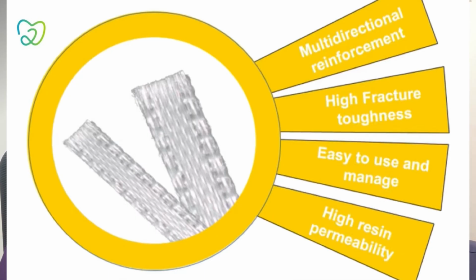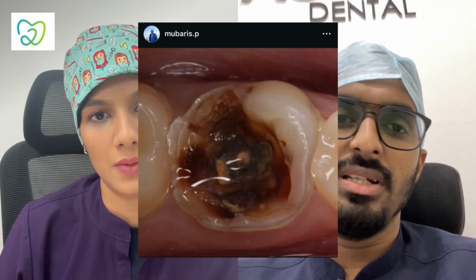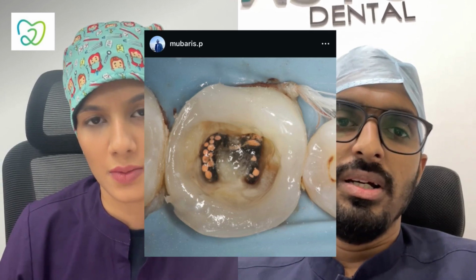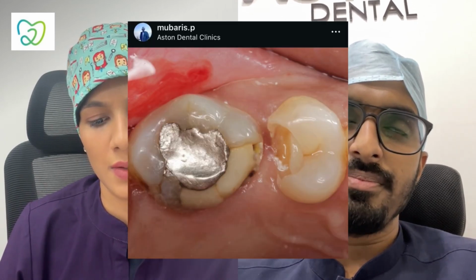These are polyethylene fibers which are different from the normal composites. We use these fibers just to reinforce structurally compromised teeth, especially endodontically treated teeth or large amalgam restorations. It helps in bridging the cracks of the pulpal floor.